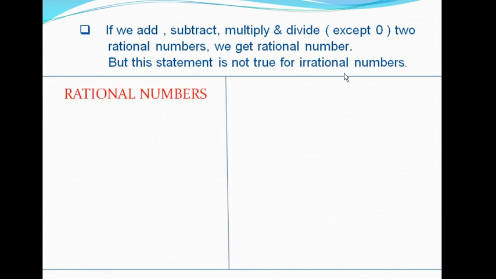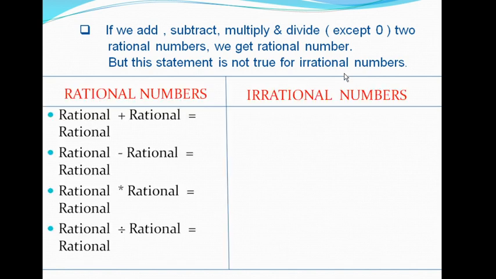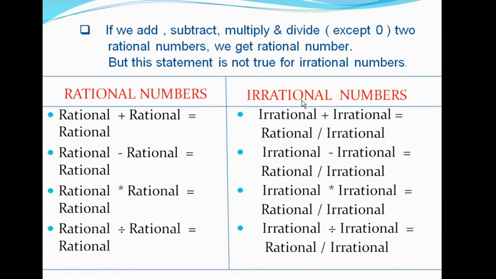Let's have a look. In rational numbers, all four mathematical operations are there: addition, subtraction, multiplication, and division of two rational numbers. What is the result? Always a rational number in all the cases. And what about irrational numbers? Again the four mathematical operations are there and two irrational numbers are there, but the result is either rational or irrational.